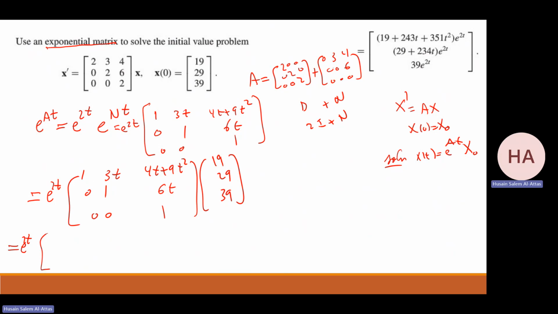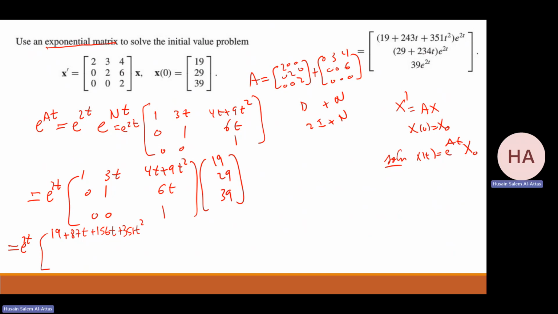29 times 3 is what? 30 times 3 is 90, minus 3, that is 87 t. Plus, this is 40 times 4, 160, minus 4, 156 t. 9 times 39 is 360 minus 9, that's 351 t squared.